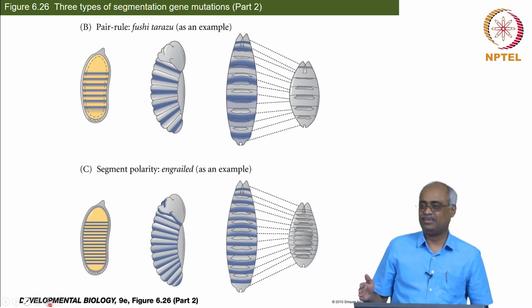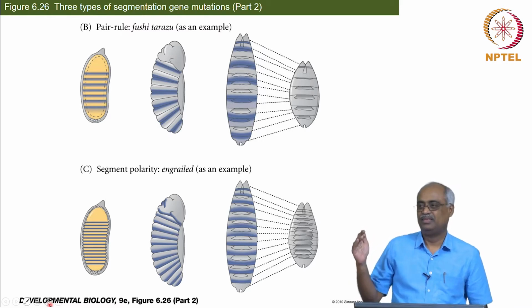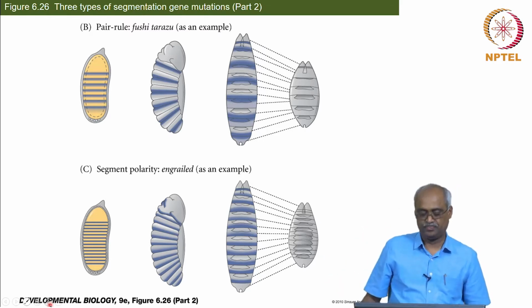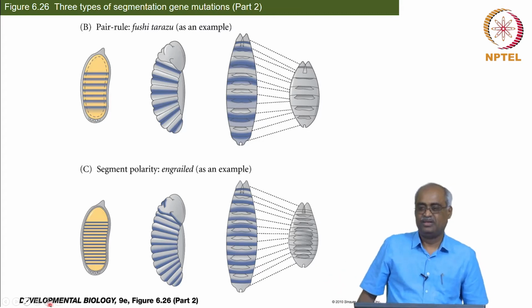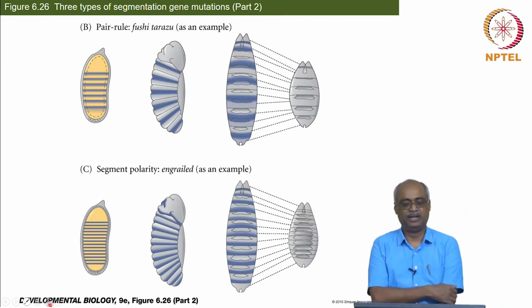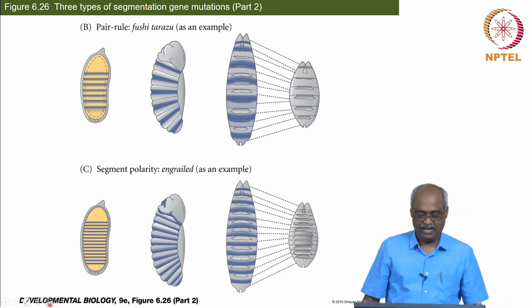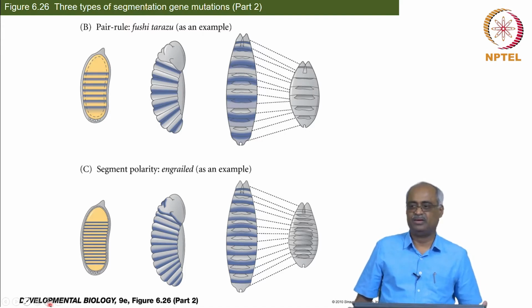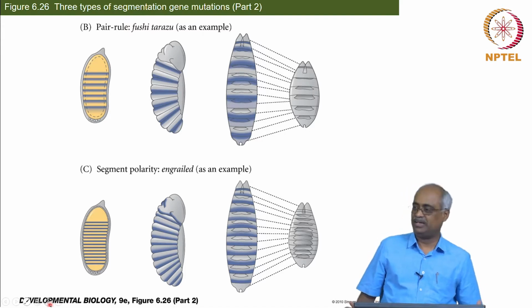So, first we learnt dorsal ventral, that starts in the oocyte itself and then continues into the syncytial blastoderm, and then we started with the head to tail axis, anterior posterior, in the previous class. That is where we learnt you have a set of maternally encoded proteins which act as translation regulators as well as transcriptional controls, and they make an anterior to posterior and posterior to anterior gradient.